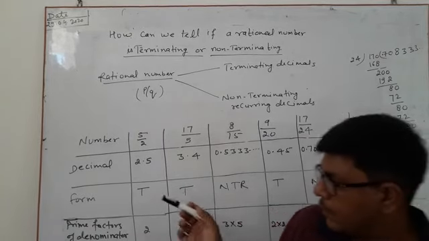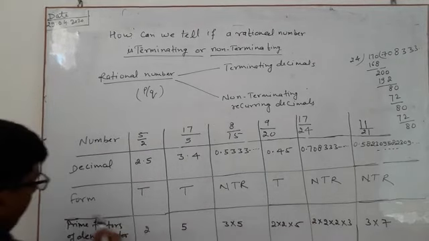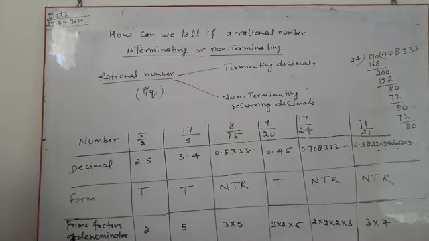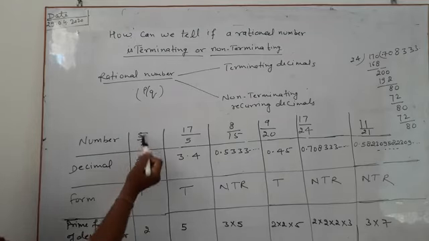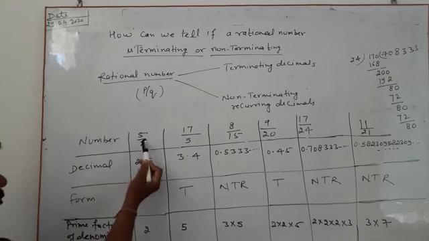For that, the next column is prime factors of the denominator. Suppose the first fraction is 5 upon 2. Its denominator is 2, and the prime factor of 2 is 2.